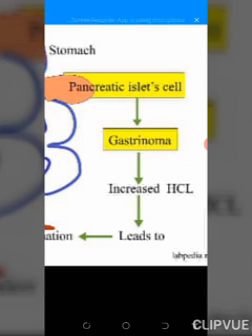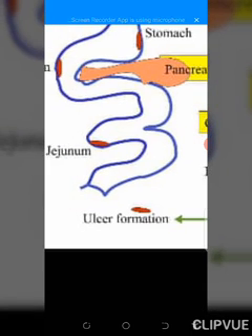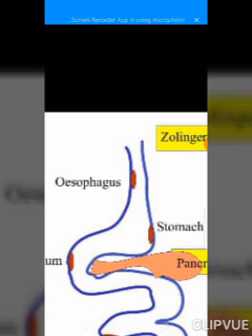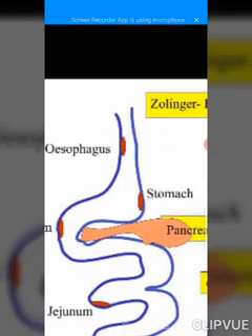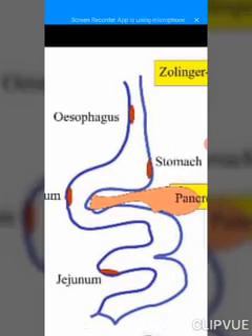Because these gastrinomas produce excess gastrin, there will be excess hydrochloric acid production, and this will lead to ulcer in the stomach and the intestine. We can have the ulcer in the esophagus, the stomach, the duodenum, and then the jejunum.